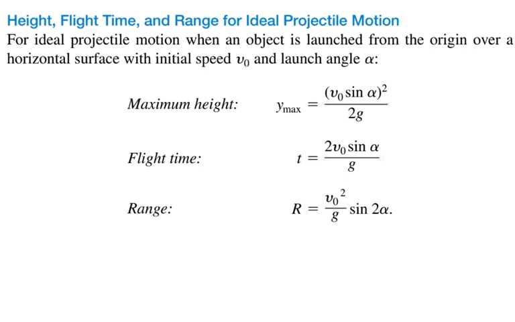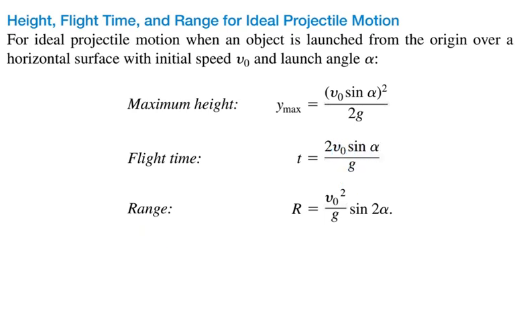So for ideal projectile motion, we can find a maximum height by taking the vertical component of the initial velocity, squaring it, and dividing by 2 times gravity. Flight time is 2 times the vertical component divided by gravity.